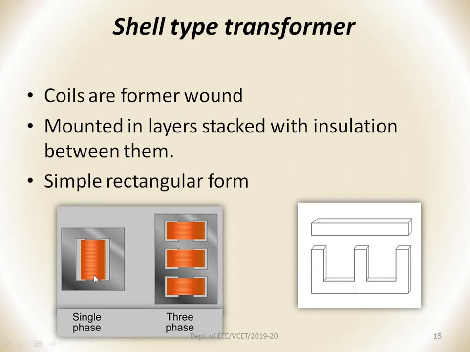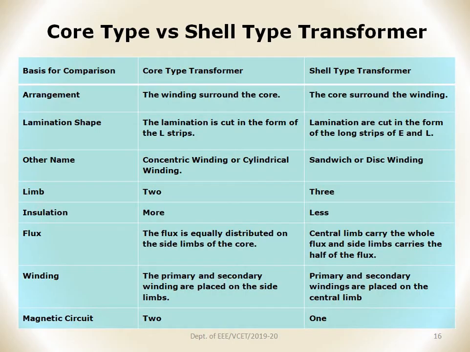So here over the central limb both primary and secondary windings are wound, and this is the representation for single phase and this is the representation for three phase. Whereas in the previous case we had the L-shaped structure where primary and secondary windings were separately wound and they were physically separated.